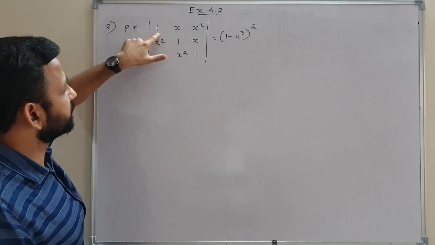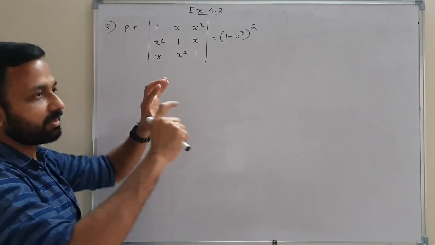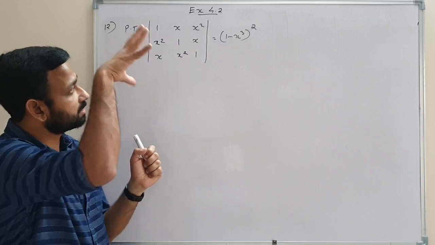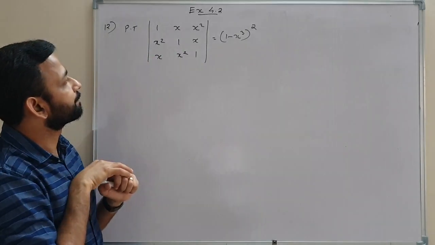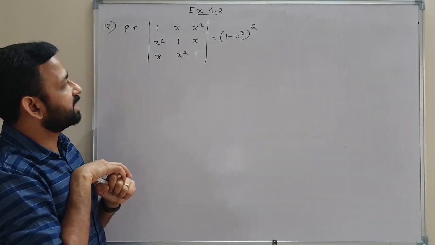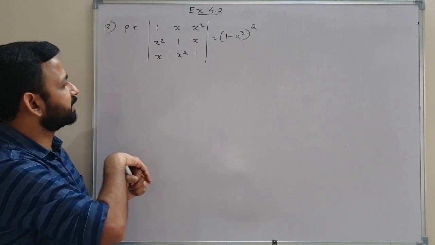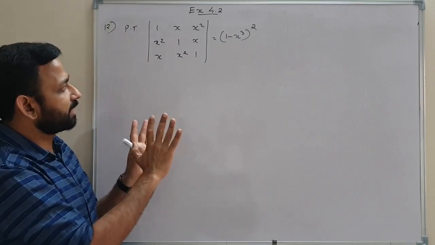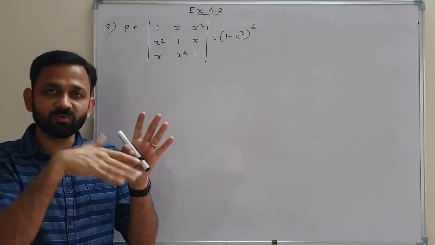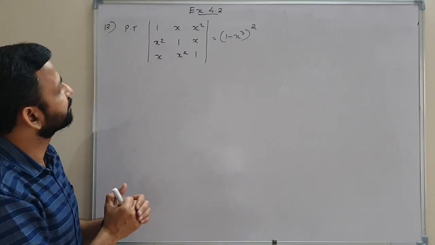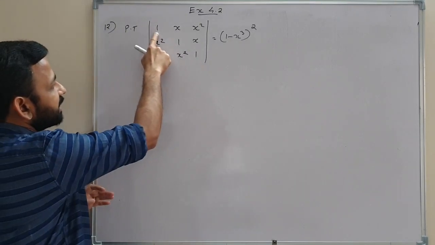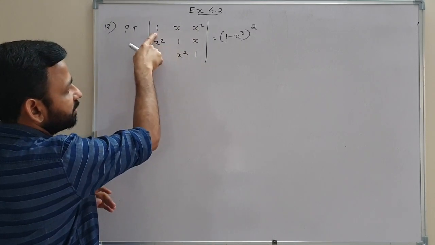we need to get 1 minus x cube somewhere common. We can do it by different methods. If you want to get 1 minus x cube common in any one row or any one column, 1 minus x into x square, that is 1 minus x cube.